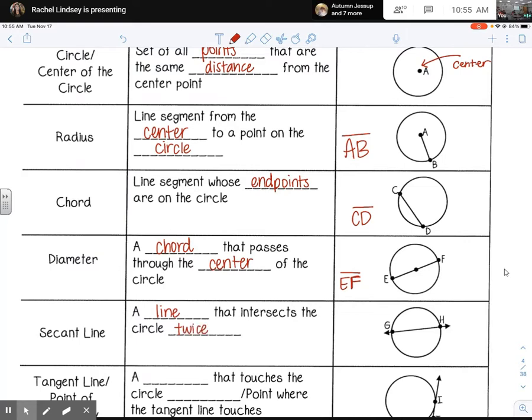Now a secant line is a line that intersects the circle twice. The difference between a chord and a secant line is that a secant extends outside of the circle, while a chord stays inside the circle.